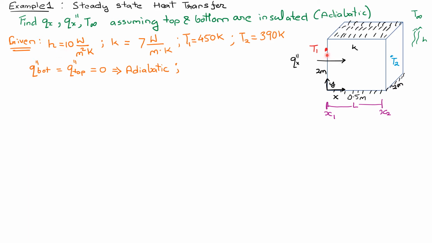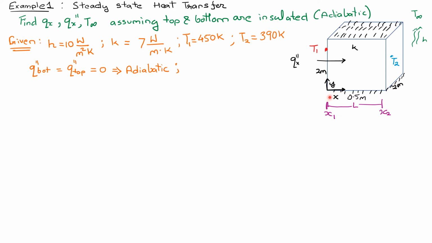In this scenario, T1 is 450 Kelvin and T2 is 390 Kelvin. So T1, shown in red, is at a higher temperature than T2, which is shown in blue. So obviously the heat will flow from higher temperature to lower temperature. So the direction of heat flux or heat flow is in the positive x direction.